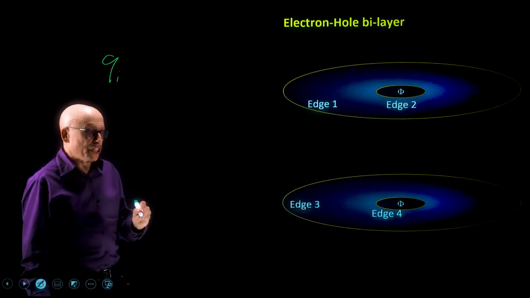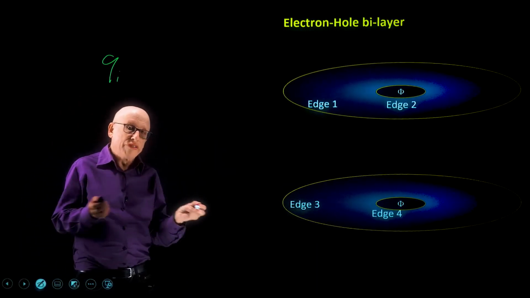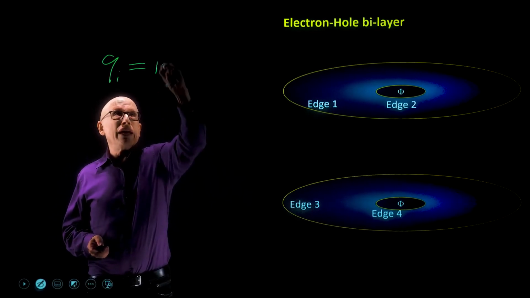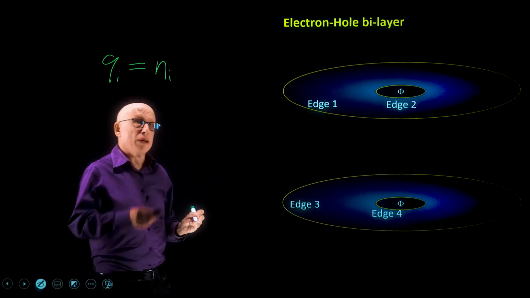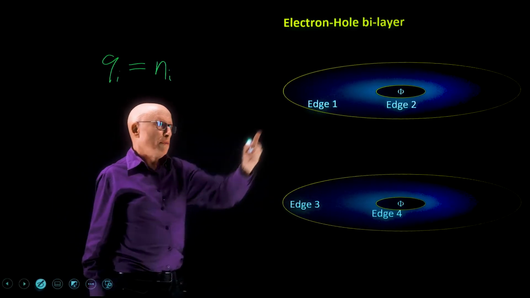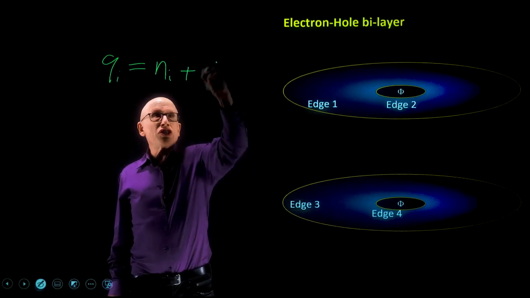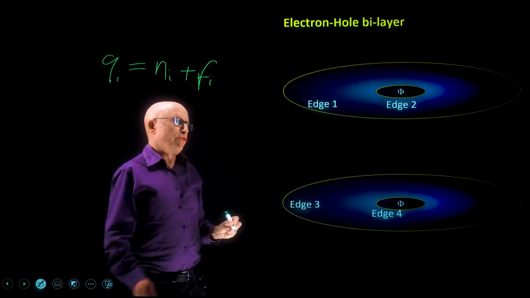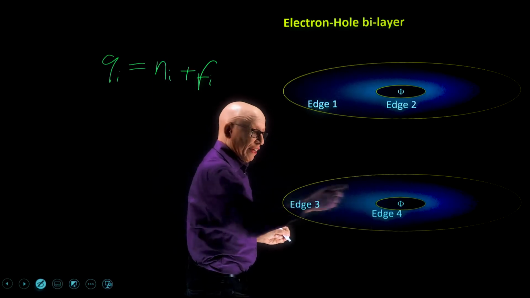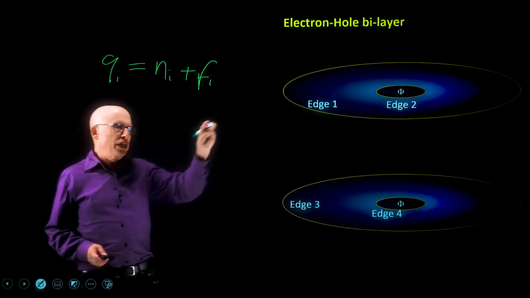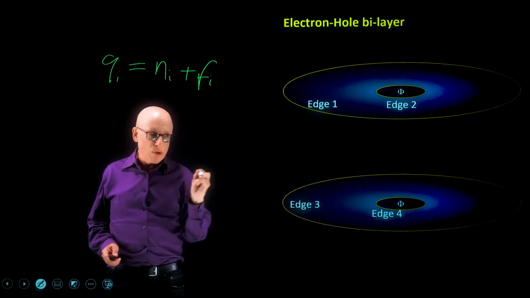Those charges are composed of an integer part and a fractional part. There will be integer parts n1, n2, n3, n4, plus fractional parts f1, f2, f3, f4. Now we're going to analyze what happens to each and every one of them.